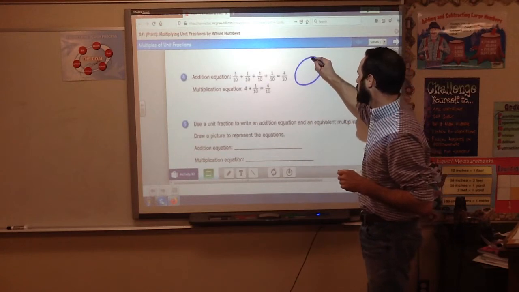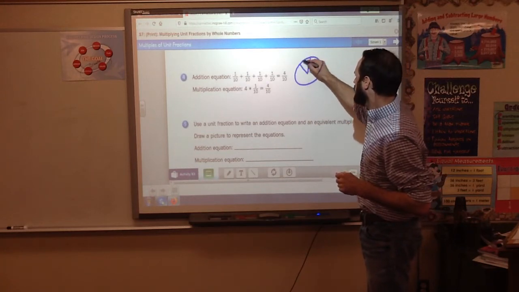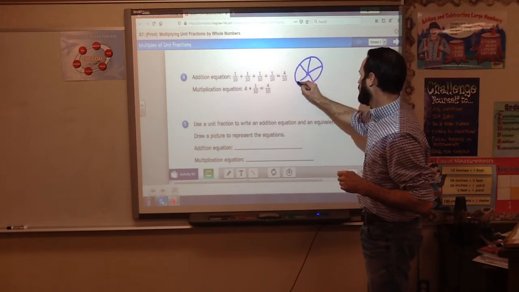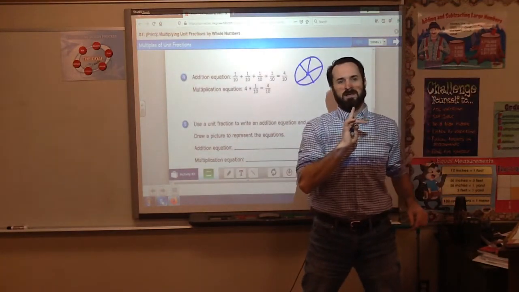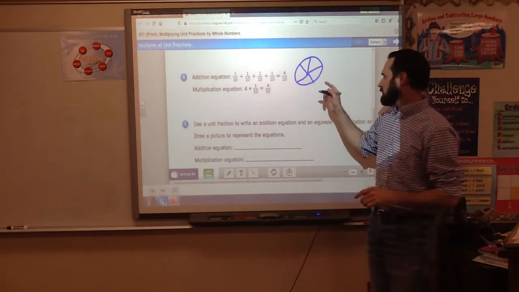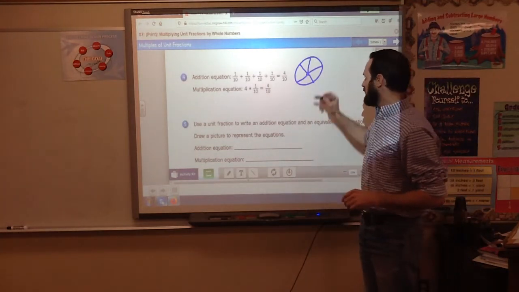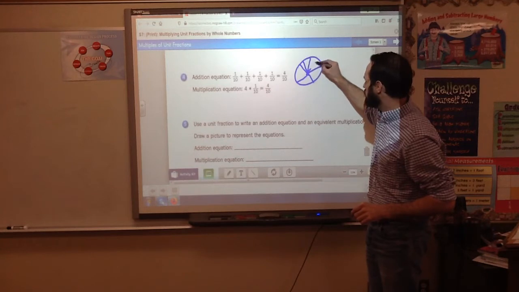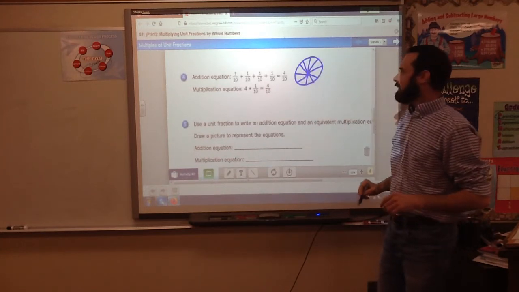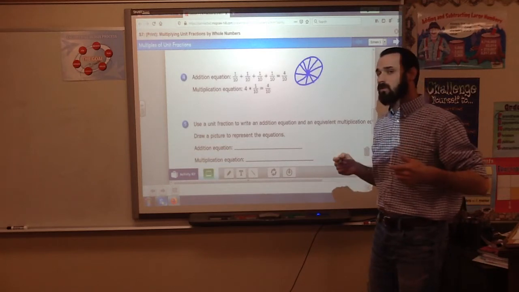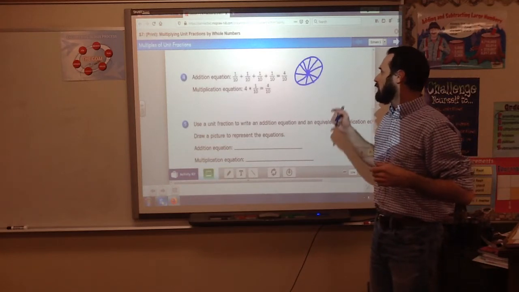To make a fifth, it kind of looks like a person with their arms and legs out, and then instead of having a head, you just draw a line up. So there's your fifths, right? To make tenths, you just split each of those in half.